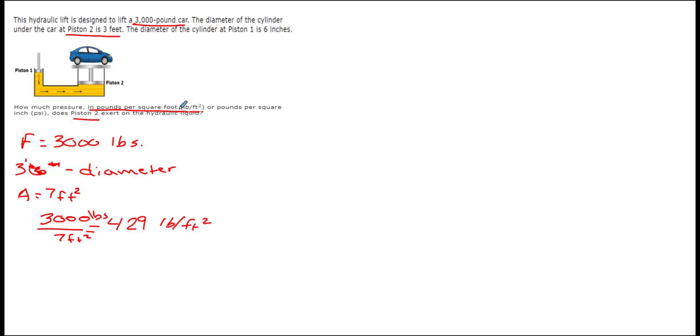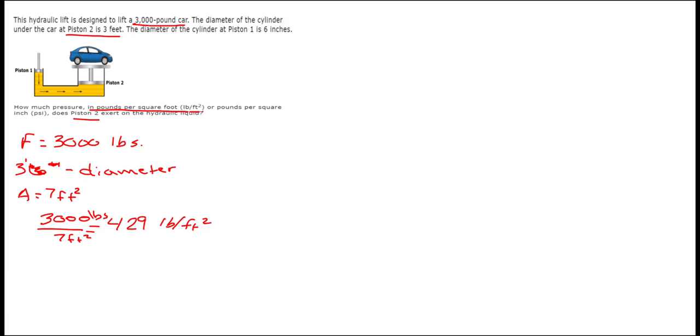If it were asking me for inches squared, I would need to have converted this 3 feet diameter into 36 inches and used a 36-inch diameter to find area, and then use that area in this problem to find pounds per inch squared. Be careful on this problem because one of the possible answers on my PLTW is 429 pounds per square inch.